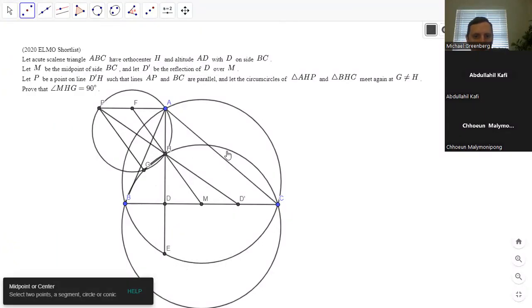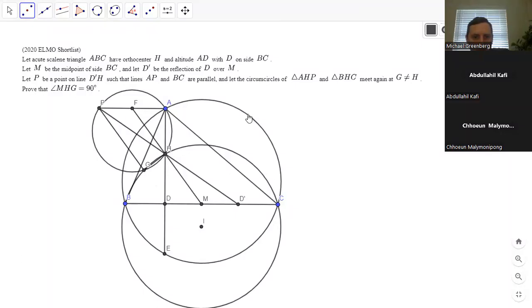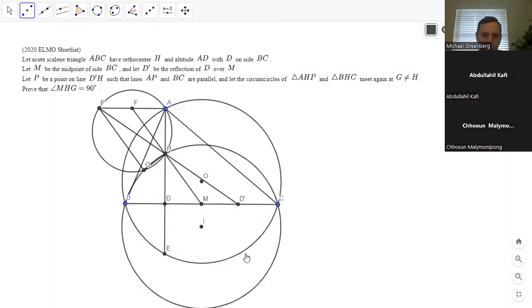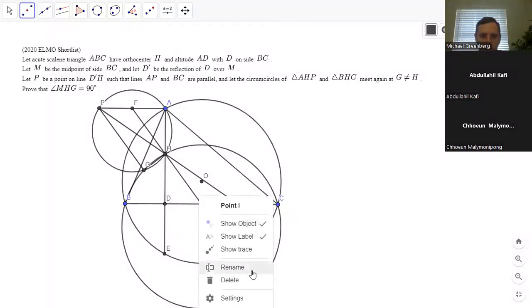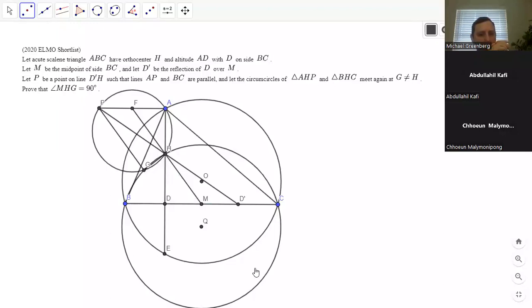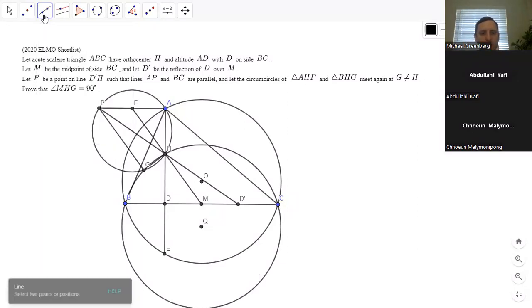Draw the center of the circle. Let's call this O. Let's call this Q. So HM, we know HM passes through the antipode of A, right?